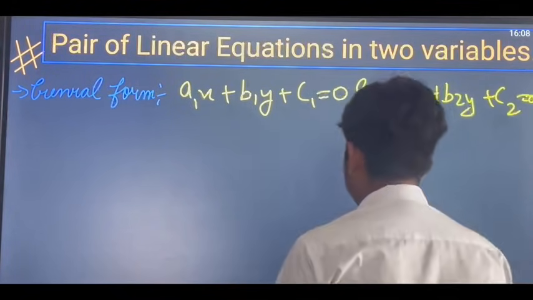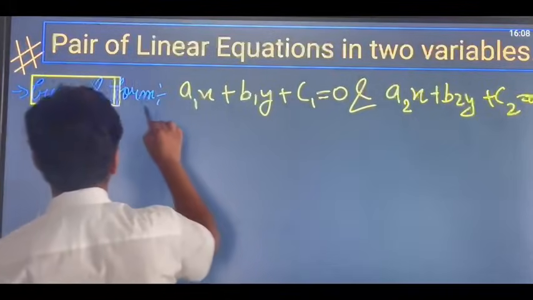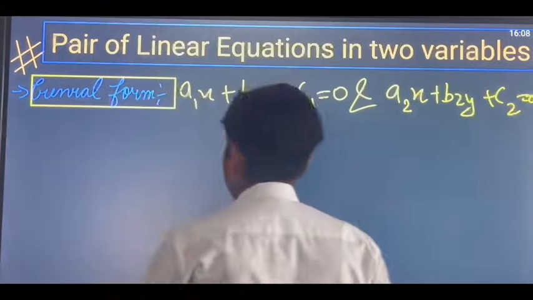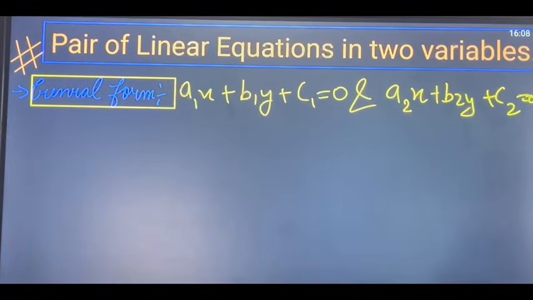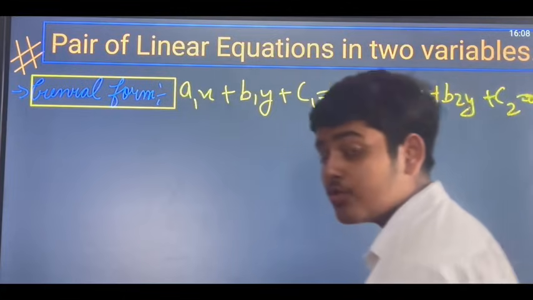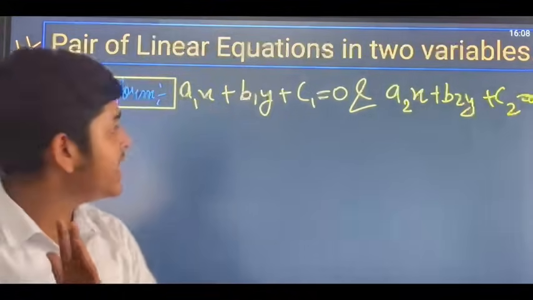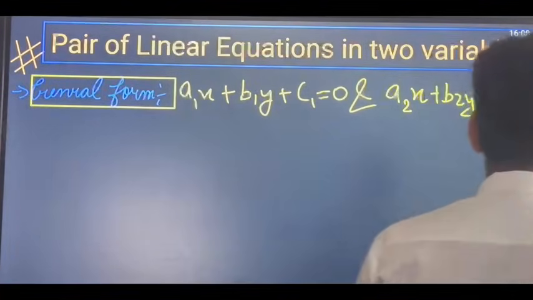Okay, this is the general form: a1x plus b1y plus c1 is equal to 0 and a2x plus b2y plus c2 is equal to 0.